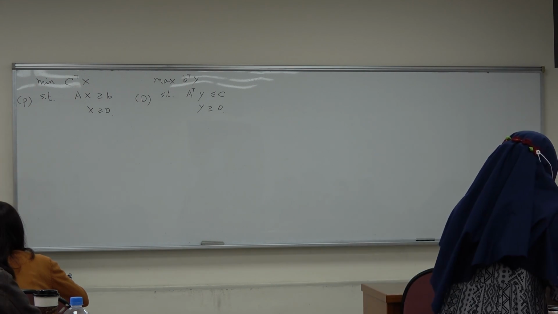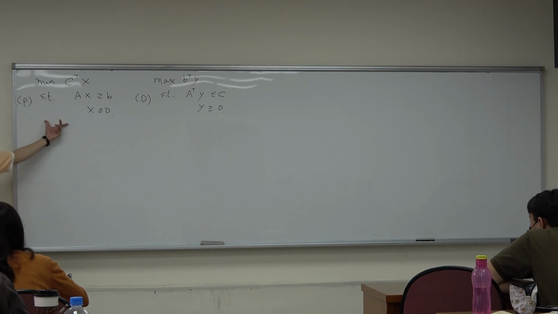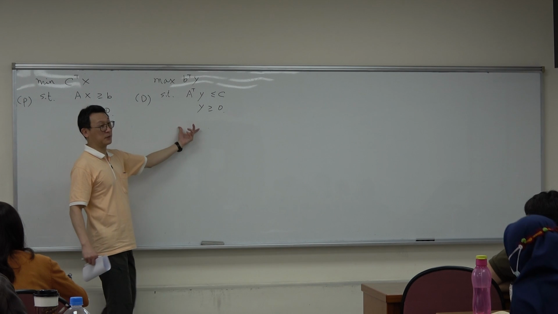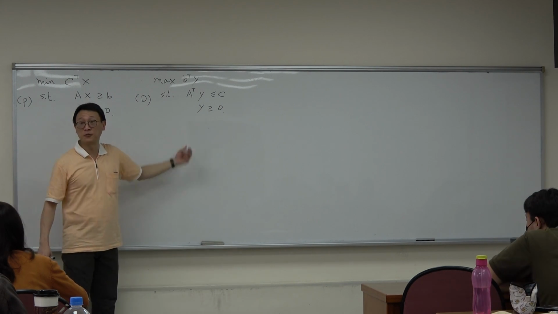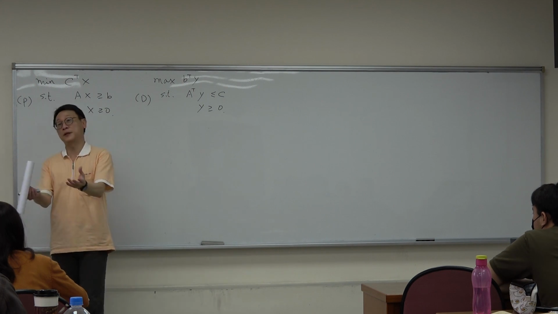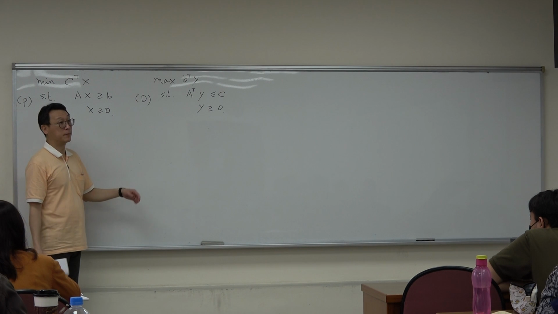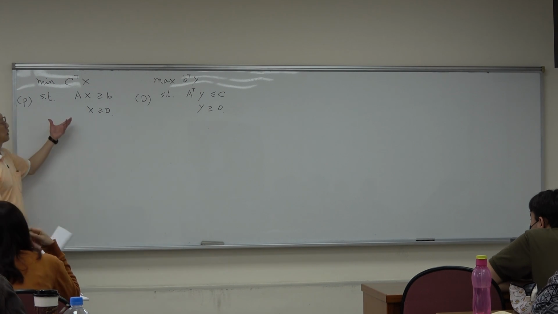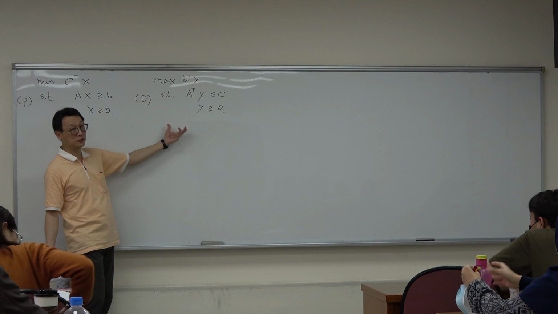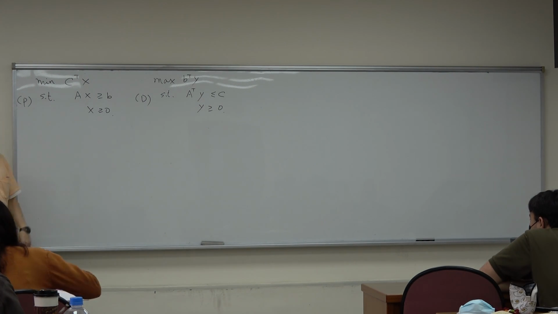So in the following, sometimes we'll focus on the minimization problem, sometimes on the maximization problem. Like in the simplex method, we utilized the maximization problem to explain the method. So in the following discussion, sometimes we'll utilize minimization, sometimes maximization. But usually it doesn't matter which one is primal and which one is dual.